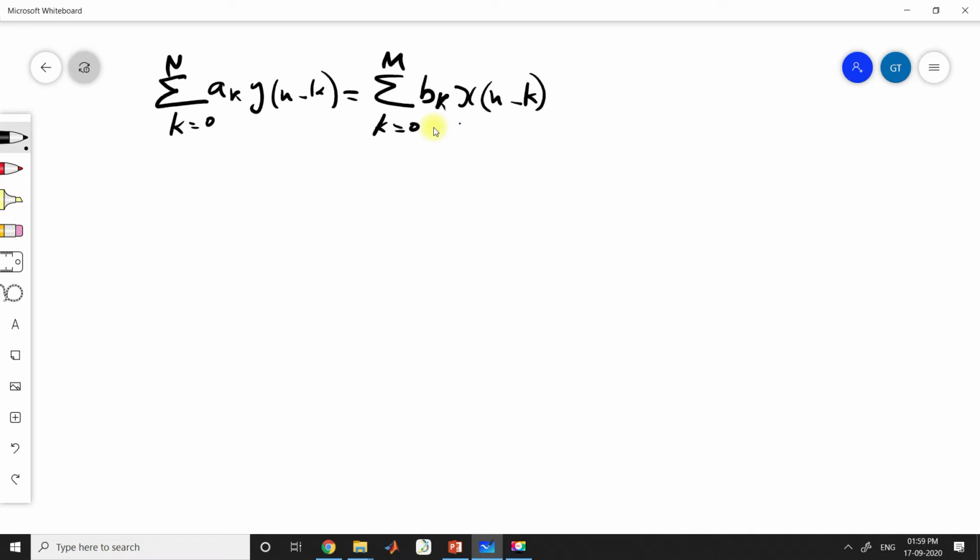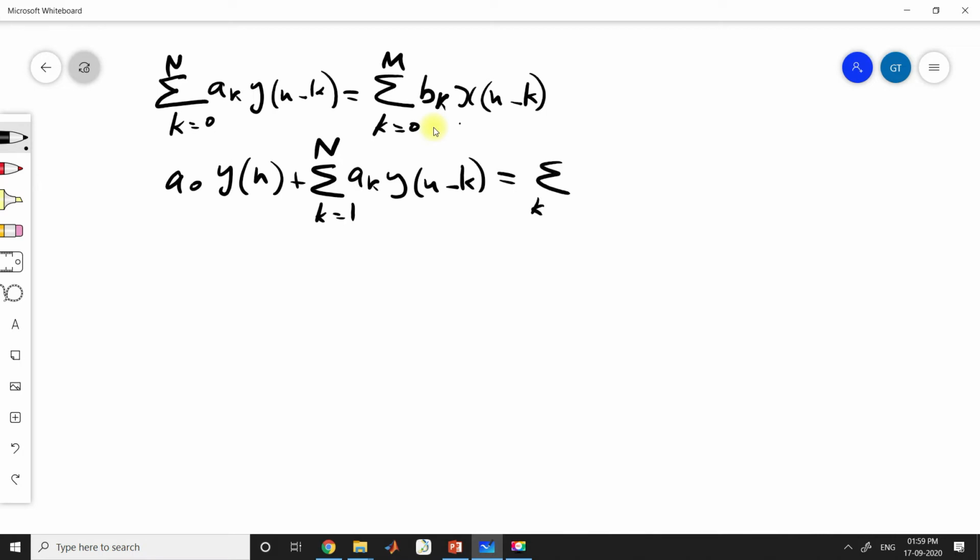Now put k equal to 0 in this expression, we get a0 y of n plus sigma k equal to 1 to n ak y of n minus k, which is equal to sigma k equal to 0 to m bk x of n minus k.